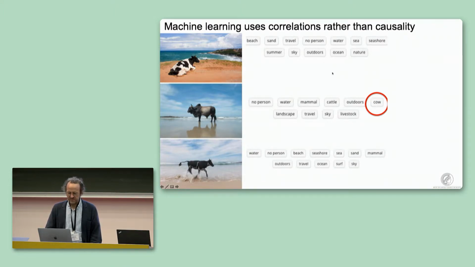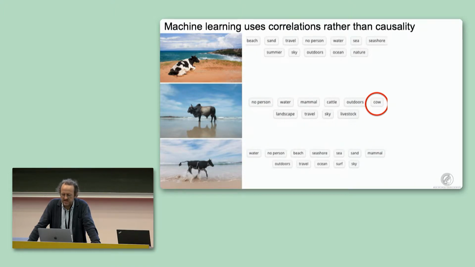One way to think about that is that in the training set, most of the cows did not stand on the beach. Maybe none of them did, but they were mostly on green meadows.